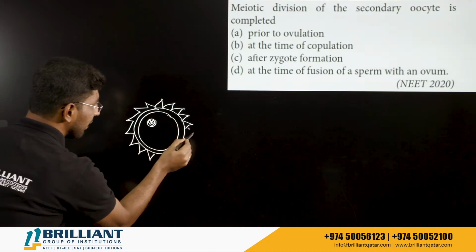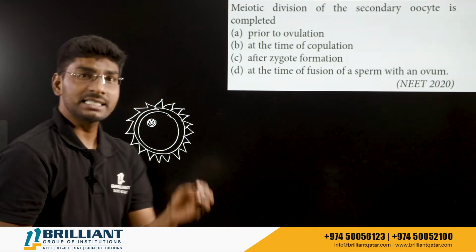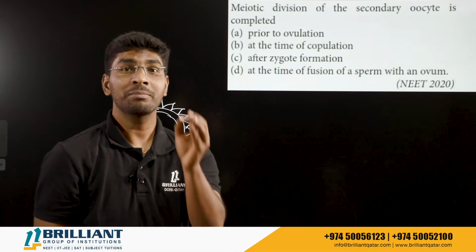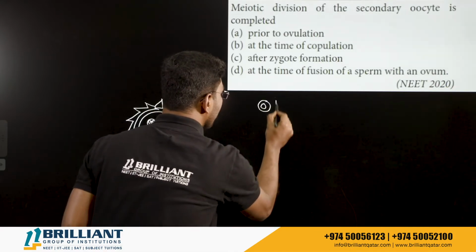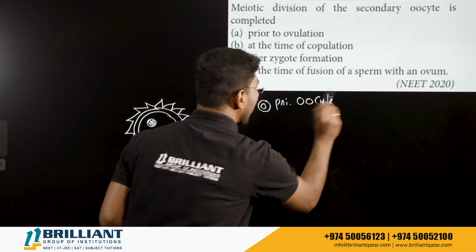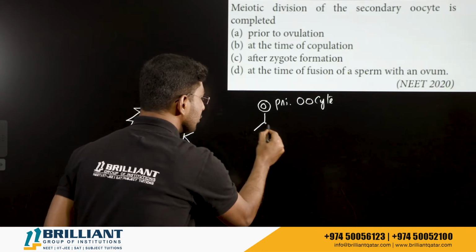My dear students, everyone keep in mind, during the oogenesis process, the secondary oocyte forms from the primary oocyte. Look here, this is the primary oocyte. The primary oocyte is diploid. This primary oocyte undergoes unequal meiotic division.